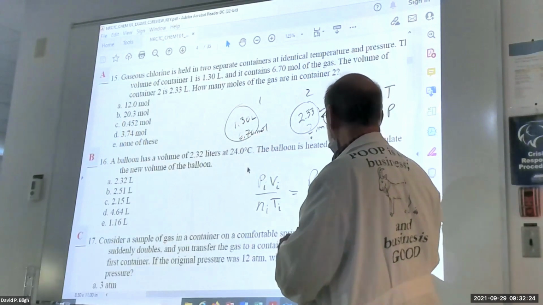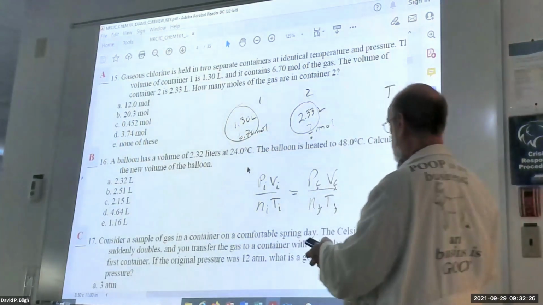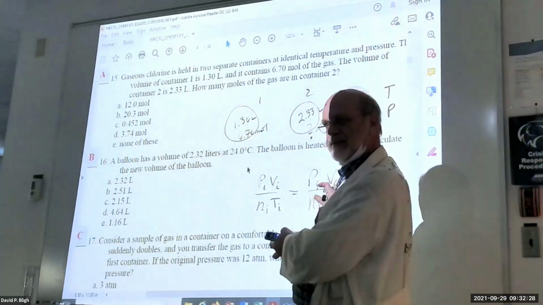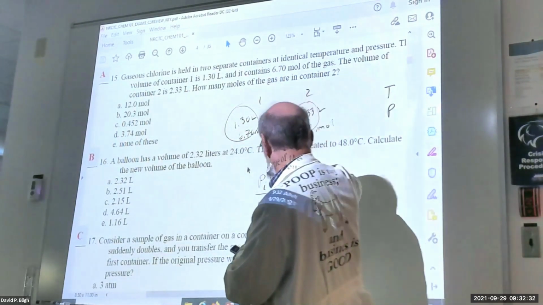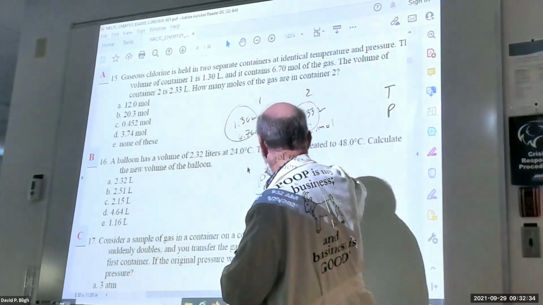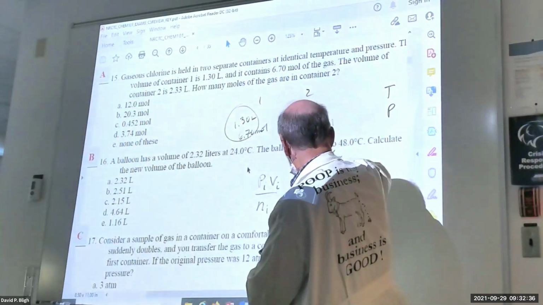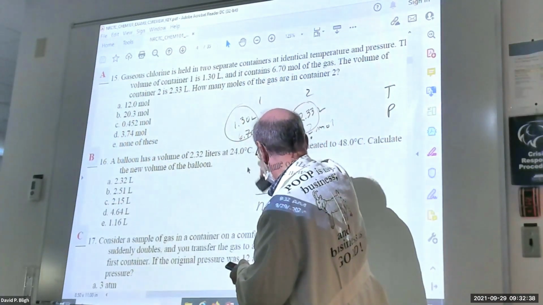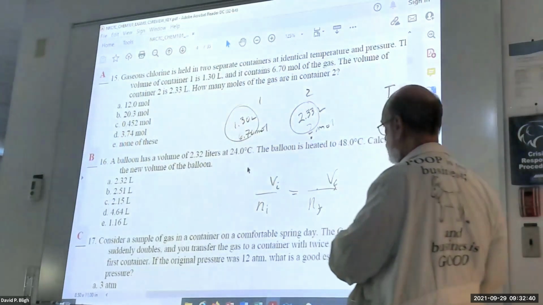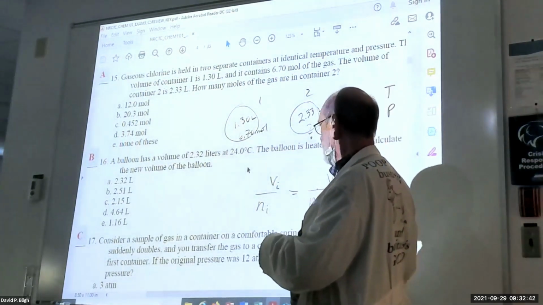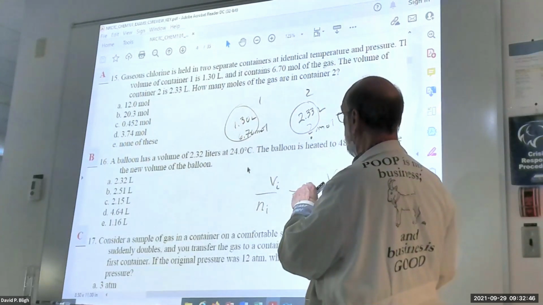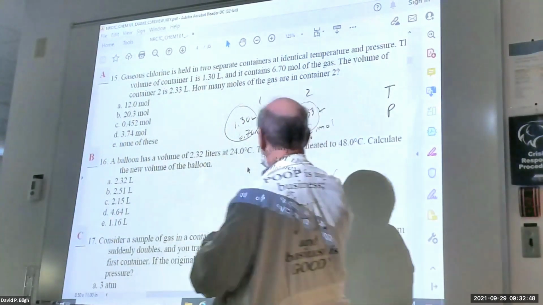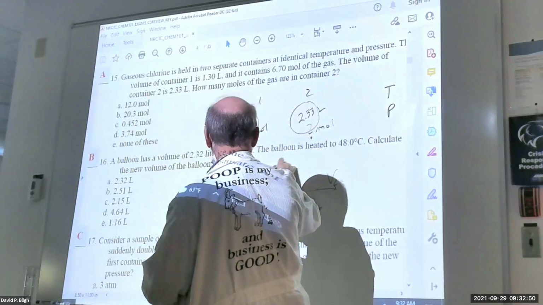And all we have to do is find out which ones are constant, right? This is the combined gas law. Temperature is constant, right? Get rid of that one. Pressure is constant, get rid of that. So there we have a relationship of volume to moles. The volume for the first one is 1.30 liters.